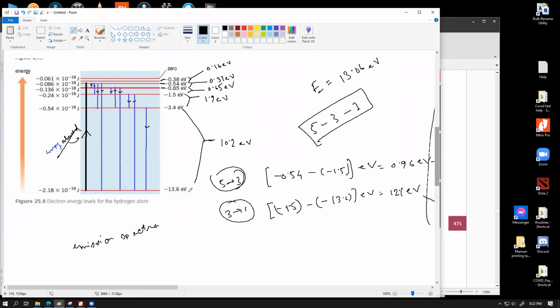Suppose it absorbs 100 joules of energy and goes up to here. Now if it goes directly back to the original shell, it will give up exactly 100 joules of energy. That giving up of energy would happen in the form of a photon. So it will basically radiate out the amount of energy that it absorbed from any physical source.